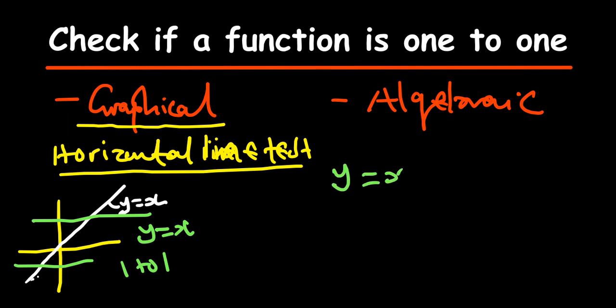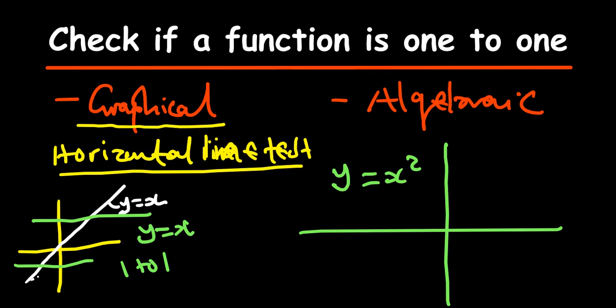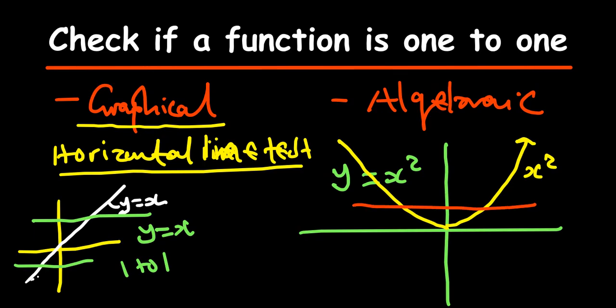So x squared. This is a quadratic. We'll get to know how to draw it later, but this is just for the sake of your understanding. If this is my x squared, and I draw a horizontal line anywhere here, let's say there, we see that this horizontal line is going to cut this curve at 2 points.